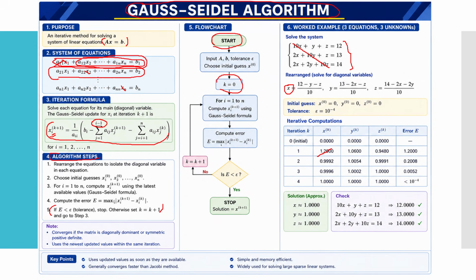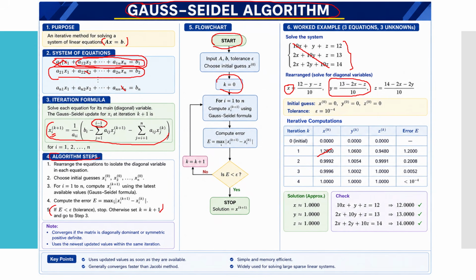So again, we can use the same principle, because here we have a new updated version and an old version. When we come to y, again we have this equivalent expression. We have a new calculated value for x from the first iteration, so we will use the new value of x, and we don't have any new calculated value for z, so we'll use the old.